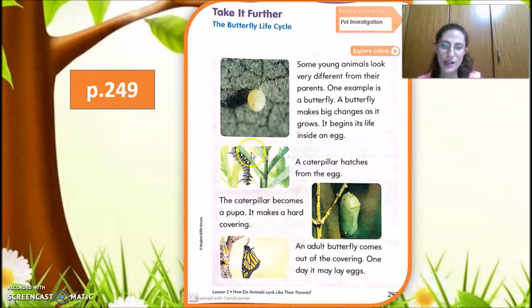Clear? So does the caterpillar or the pupa look like the butterfly? No. But this doesn't mean that the butterfly does not come from this egg and pass through these steps to become a butterfly. Clear? And this does not mean that this egg is not the young of this butterfly. They're telling us that some young animals might look different from their parents, such as the butterfly.